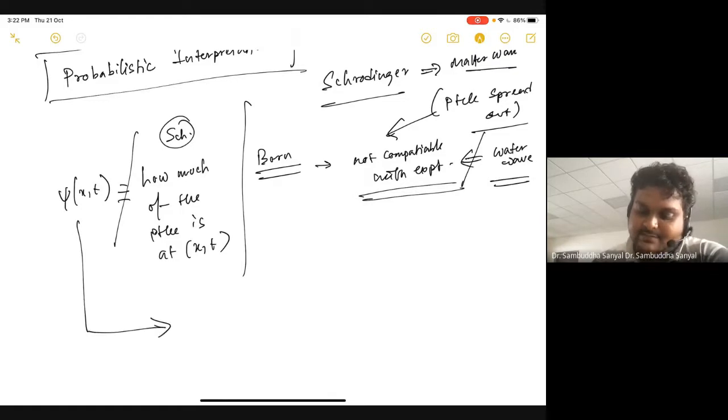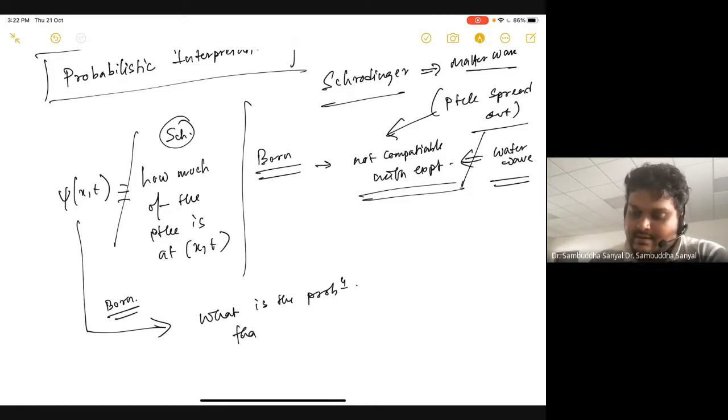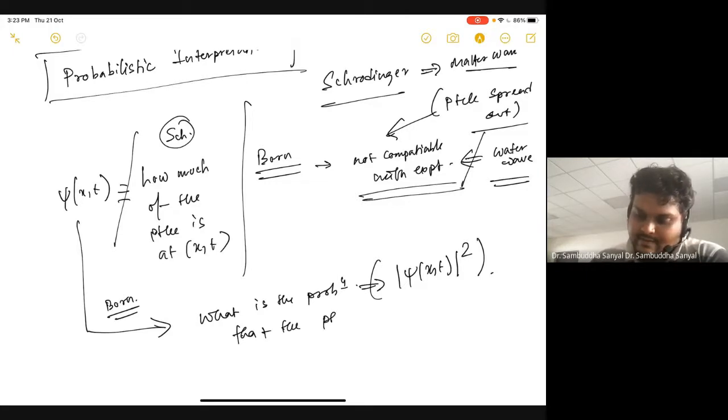So then Max Born was the person who realized it; he asked the question of what is the probability. Probability is of course not this, probability is this: that the particle is at x, t when measured.